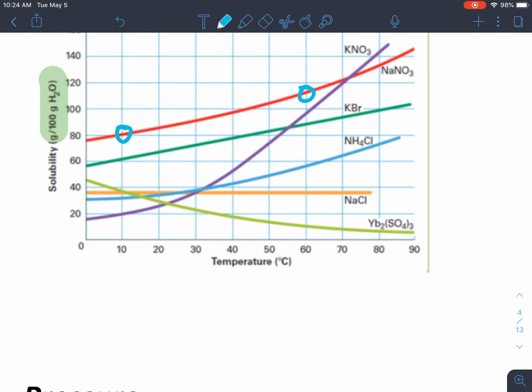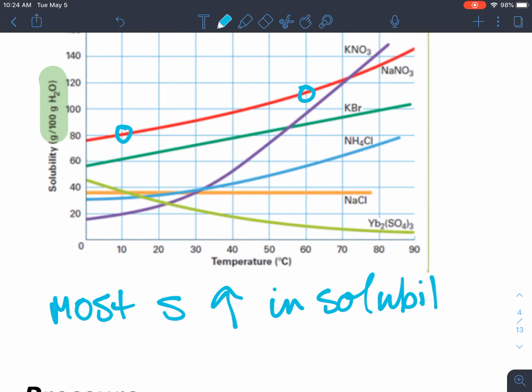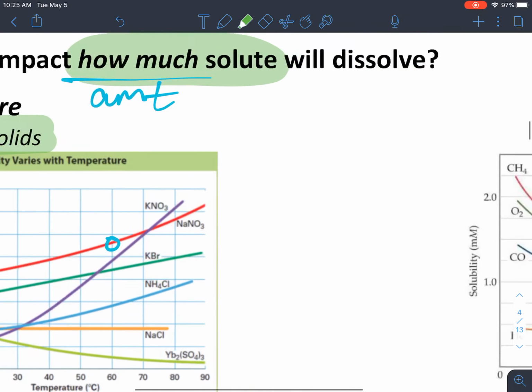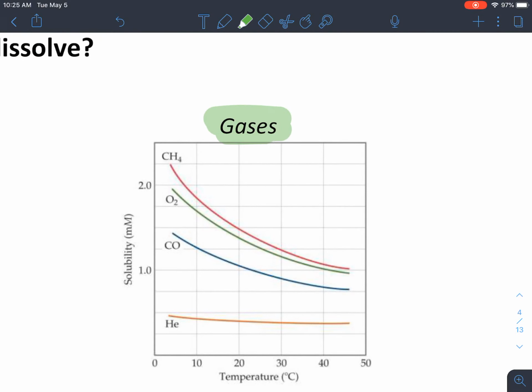But I do want you to write down that most solids increase in solubility with increase in temp. We have solids in this diagram. This one is gases.